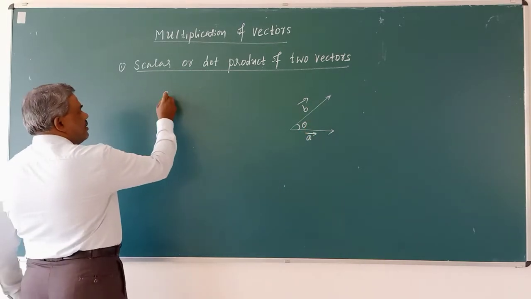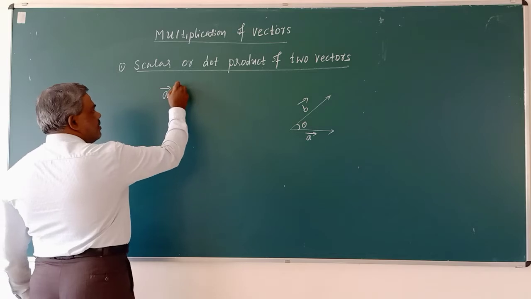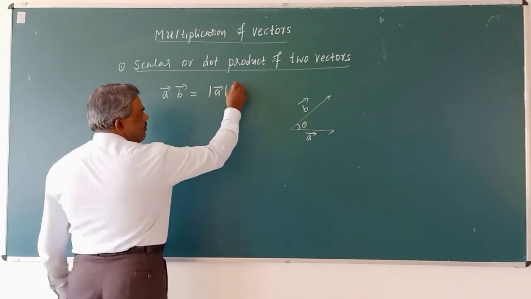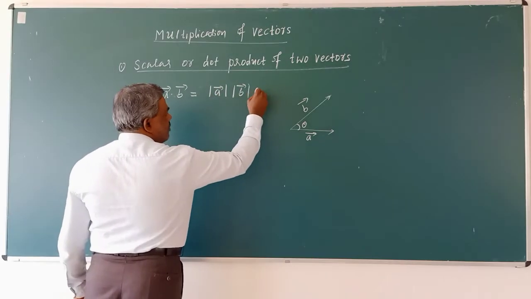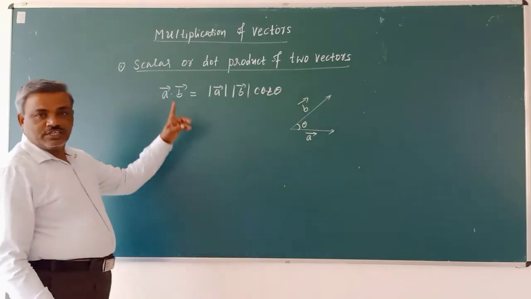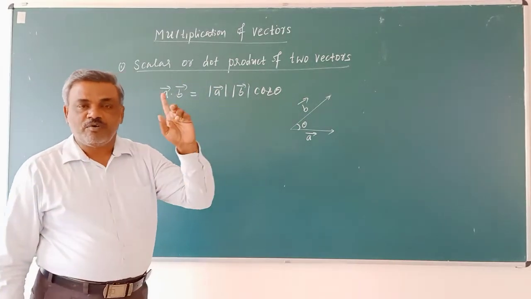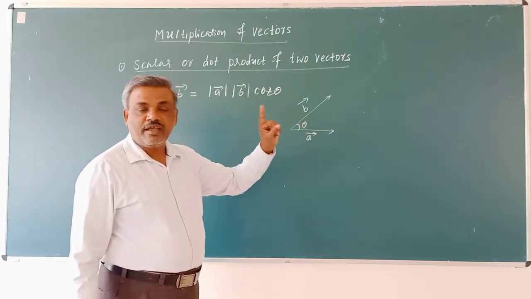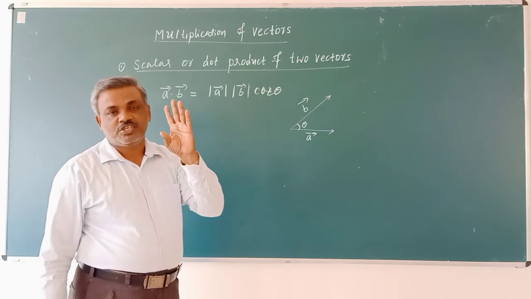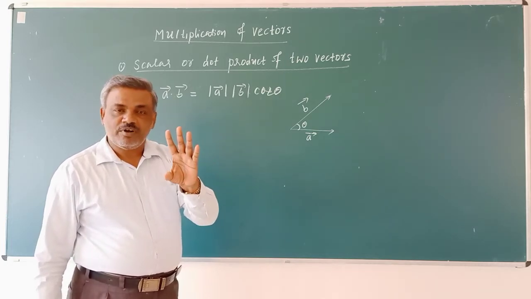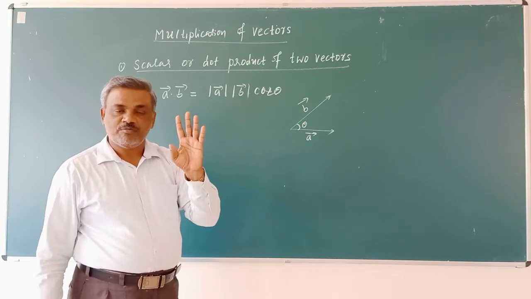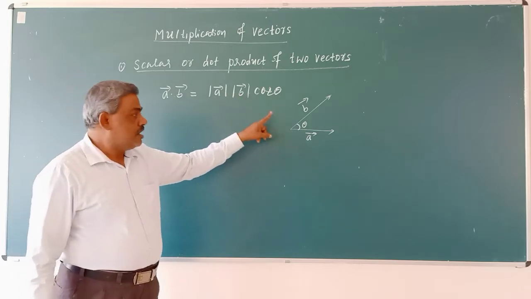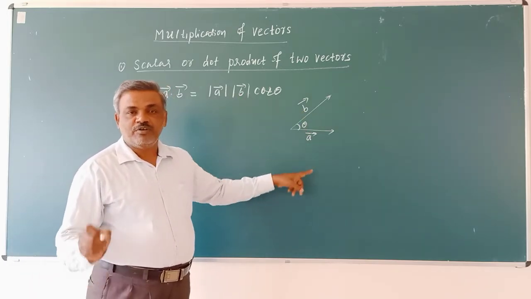Now, for example, A dot B equals the magnitude of vector A, the magnitude of vector B, into cos theta. This is the statement for the scalar or dot product of two vectors.